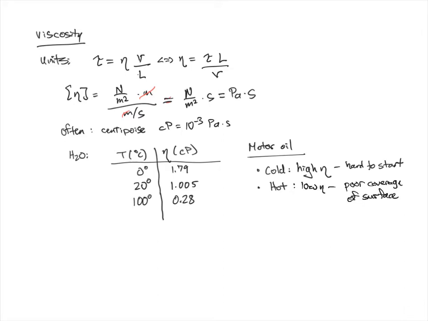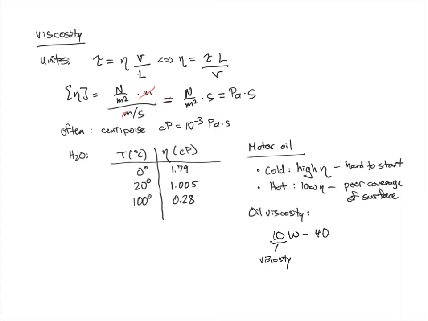Most of the time when you purchase oil, the oil viscosity rating for motor engines at least usually says something like 10W40. And the 10 is a measure of the viscosity. I'm not sure exactly what units that is. Maybe that's in centipoises.